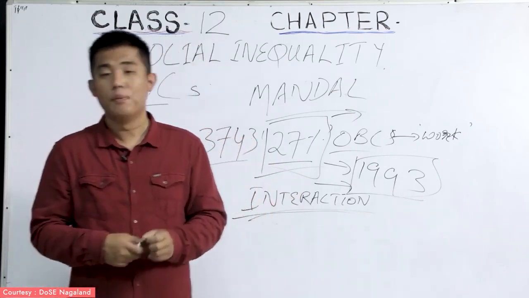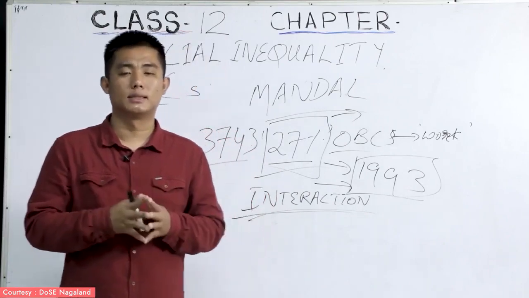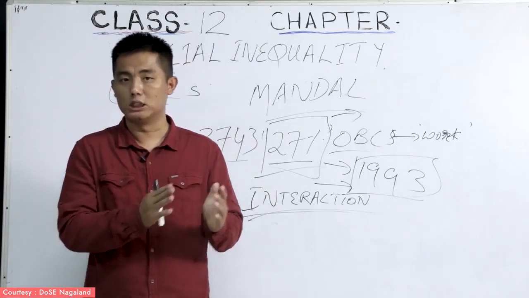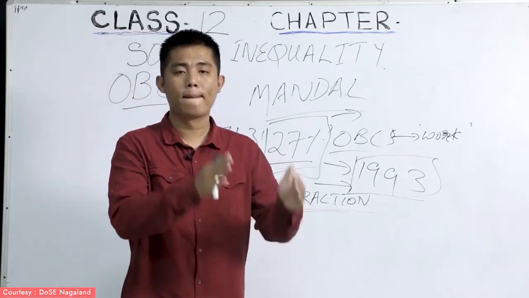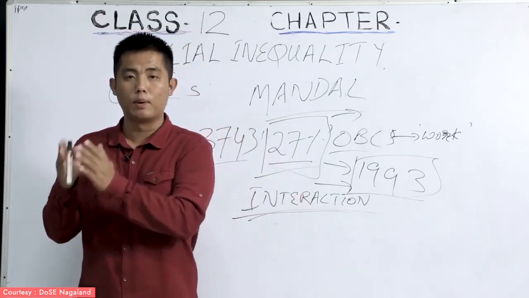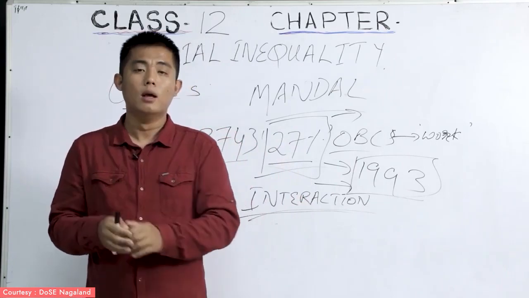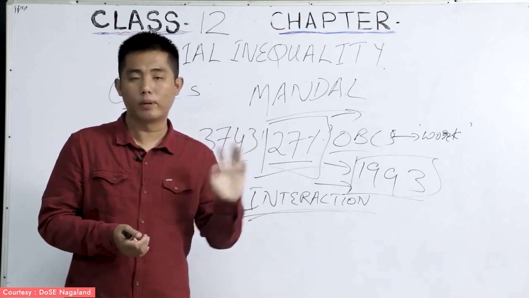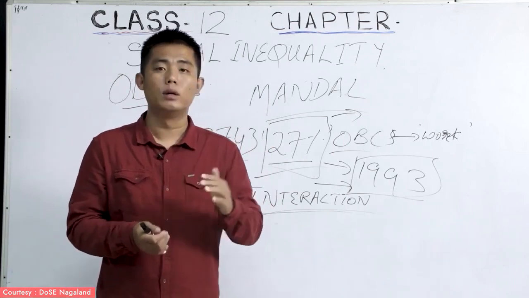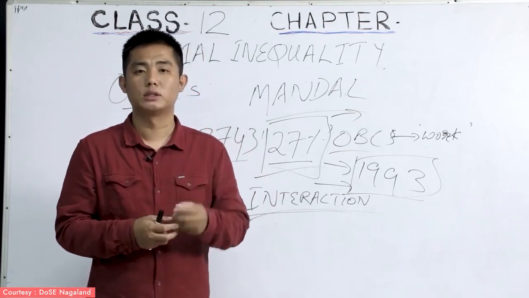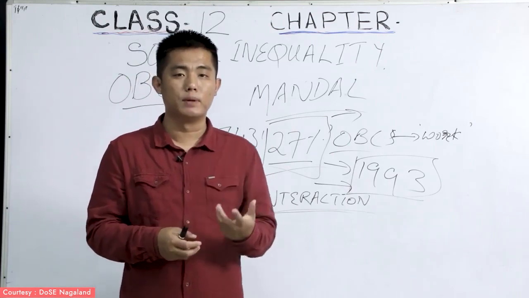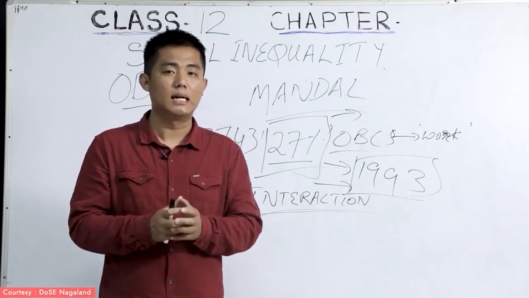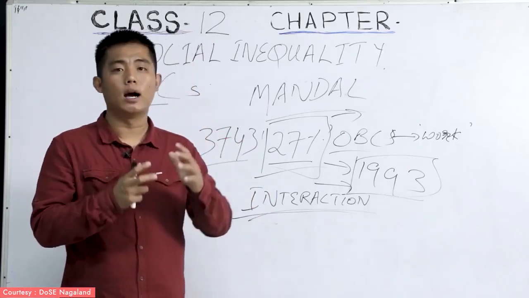The third point is dependency on higher castes. Like we have mentioned in the Mandal Commission, we divided the population of OBCs into two, Annexure 1 and Annexure 2. Annexure 1 were the deprived group of people. Annexure 2 were the people who had all the privileges in the society, and that is the reason why they did not depend on the upper caste.